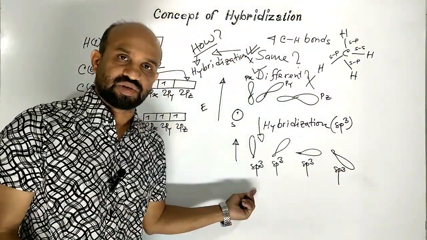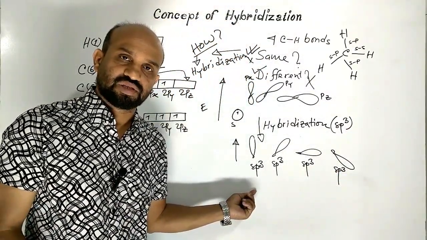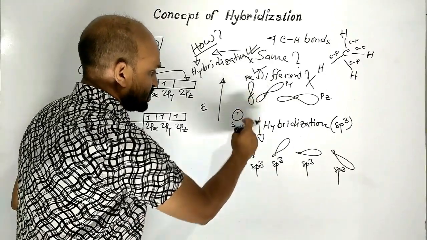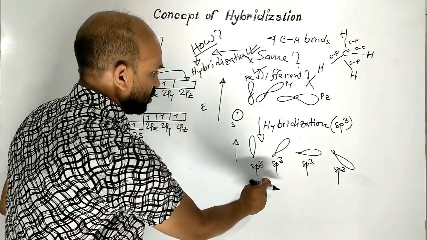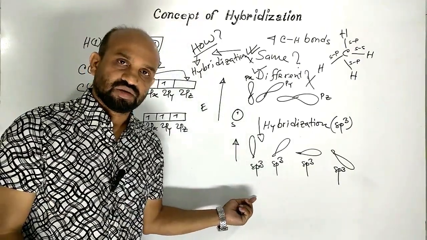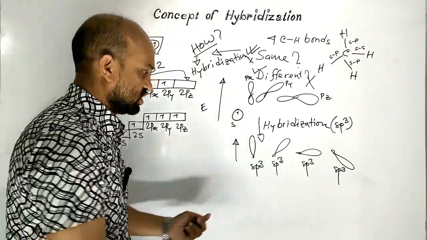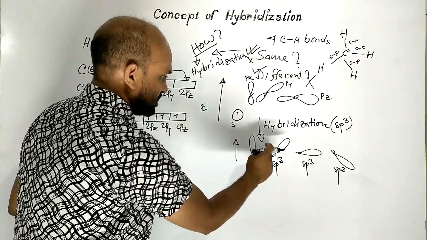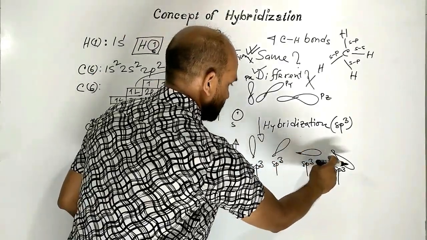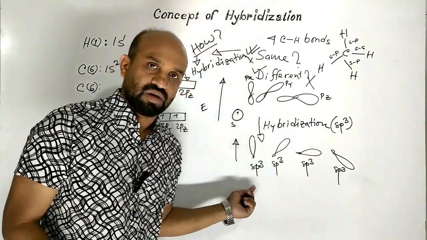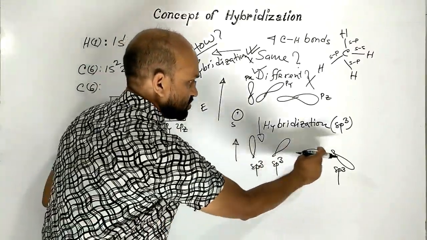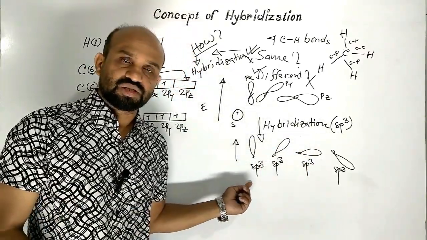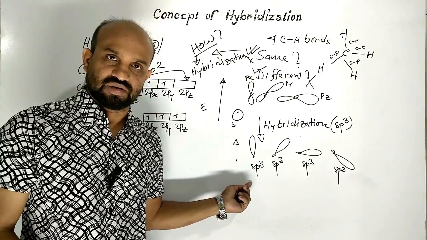After mixing, the same number of orbitals are formed, named sp3, sp3, sp3. These orbitals are of the same energy and same shape. This process is known as hybridization.